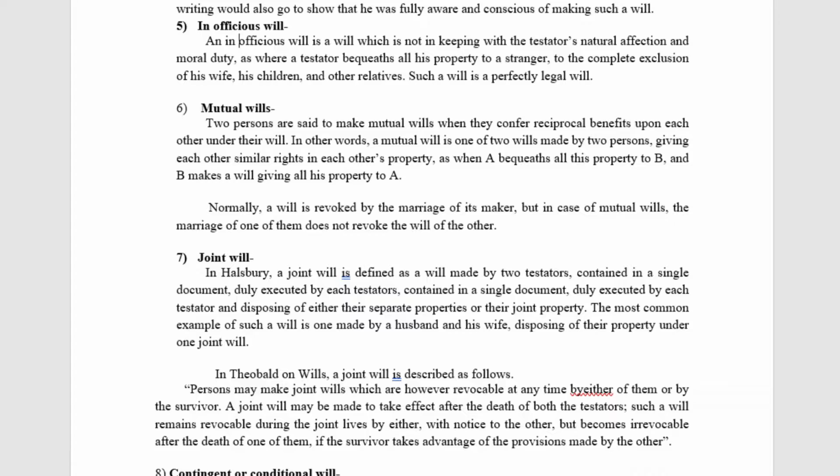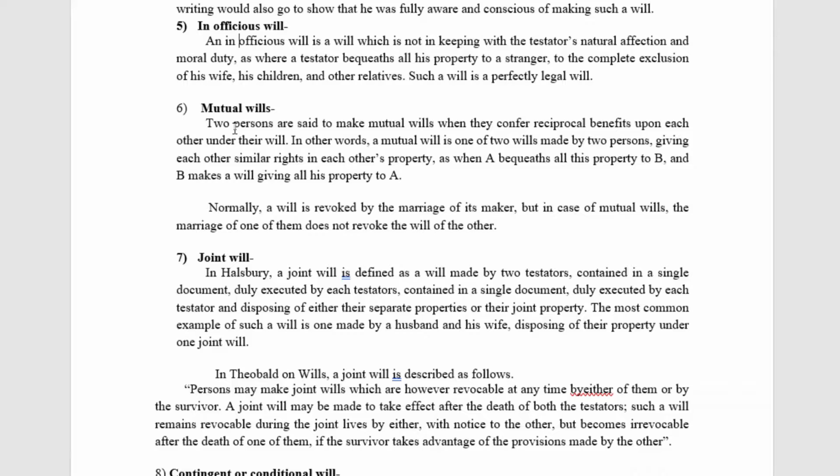And next one is mutual wills. Two persons are said to make mutual wills when they confer reciprocal benefits upon each other under their will. So this aspect can be seen with regard to mutual wills.